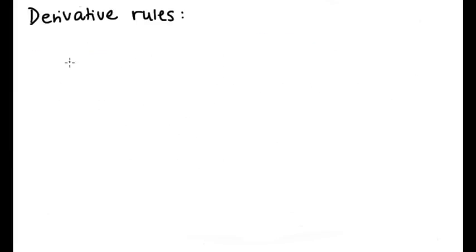Now I want to talk about actual rules, and the first rule that we came up with was the power rule. I don't think we've written a general case for it, but I will now.